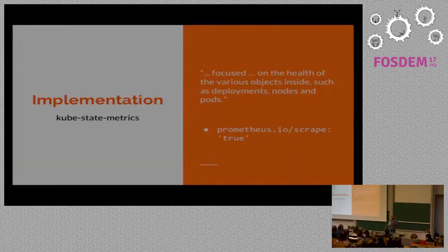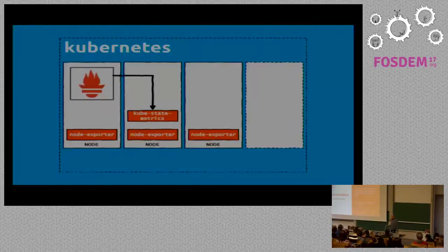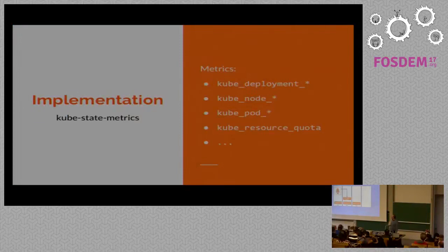All these internals of a Kubernetes or OpenShift deployment. Here as well, I set the annotation scrape true, so that it gets discovered automatically. This is the diagram for that component. It's deployed as a pod as well, and gets automatically discovered. Here again are some of the metrics that are now exposed from this.